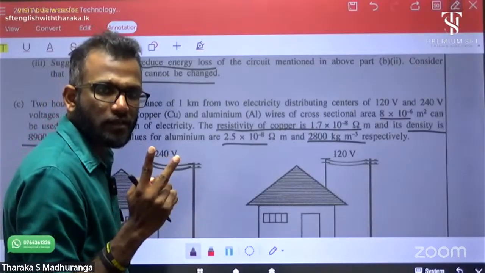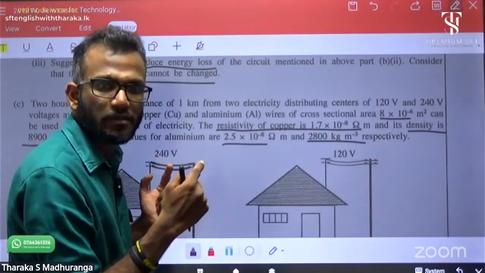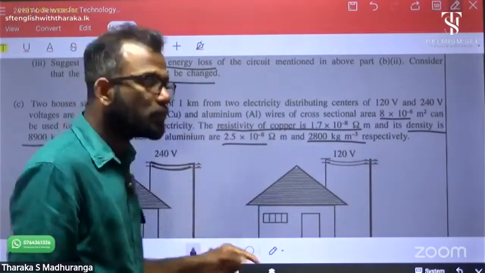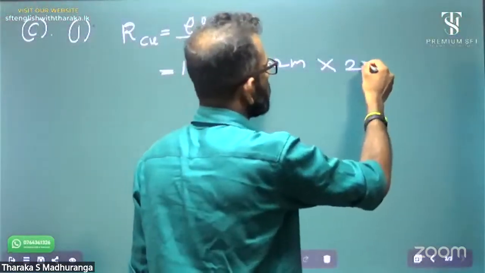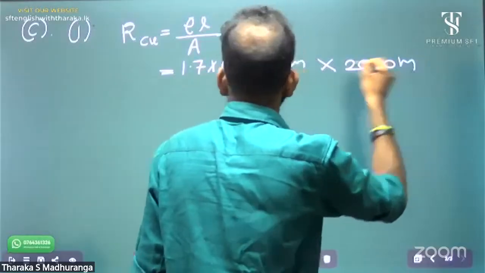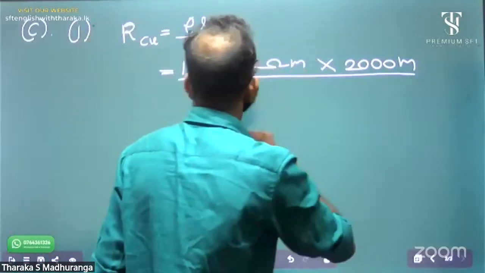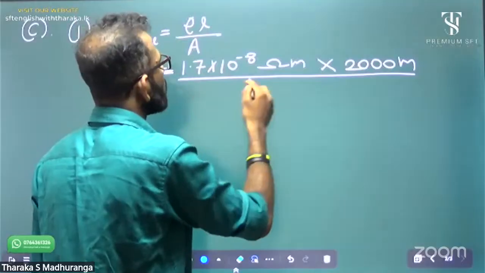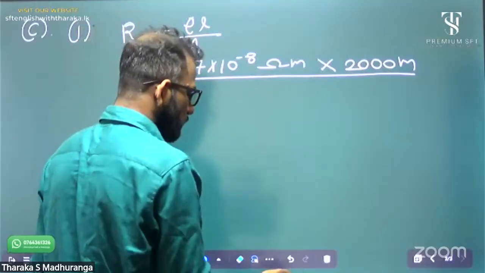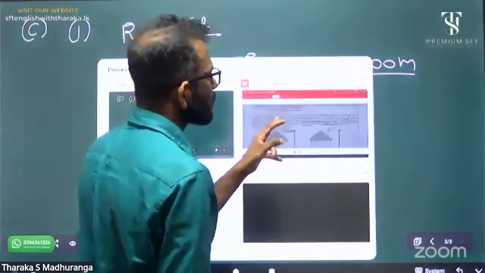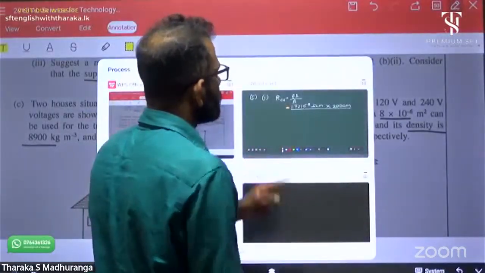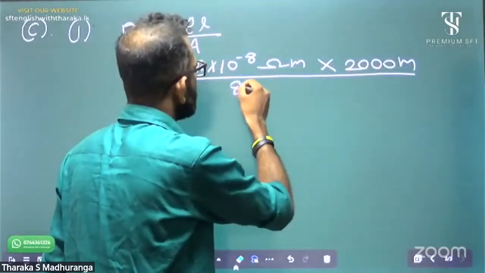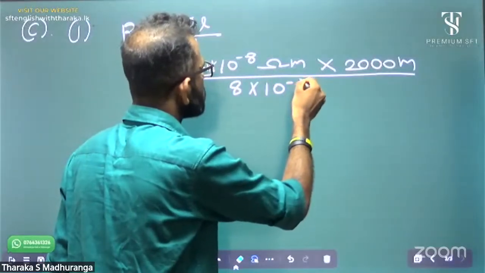Then what is the length of the wire? 2 kilometers, which means 2000 meters. The cross section area is given: 8 into 10 to the power minus 6 square meter.